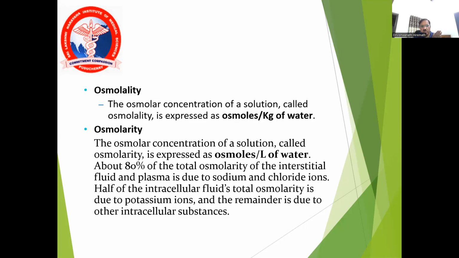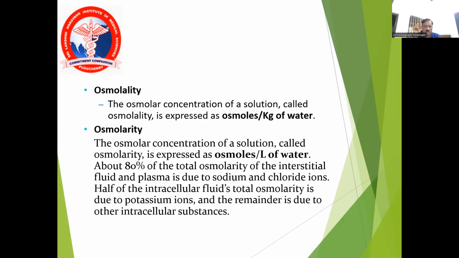Fluid is distributed into two main compartments, the intracellular compartment and the extracellular compartment. The extracellular compartment is again divided into the interstitial compartment and the plasma compartment, the intravascular, which is the plasma. The major ion in the extracellular space is the sodium ion.